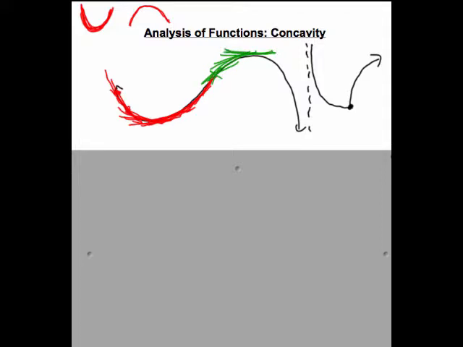Now this is the key distinction about what we mean by concave up and concave down. So just to go back, if the slopes are increasing, if the derivatives are increasing, it's concave up. If the derivatives, the slopes, are decreasing, it's concave down. That is the essential determiner.